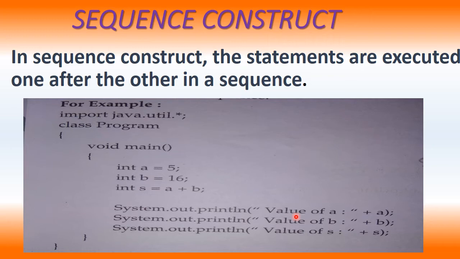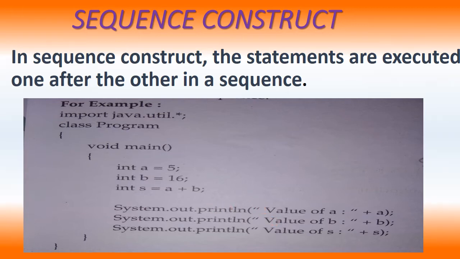At printing time it will also print in sequence. First it will print the value of a, which is 5, then the value of b, which is 16, and lastly the value of s, which is 16 plus 5, that is 21. Okay. So in this way all the statements will execute one after the other.